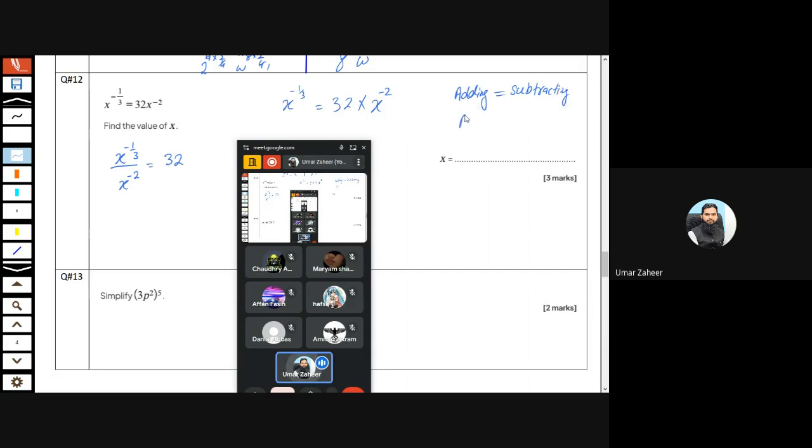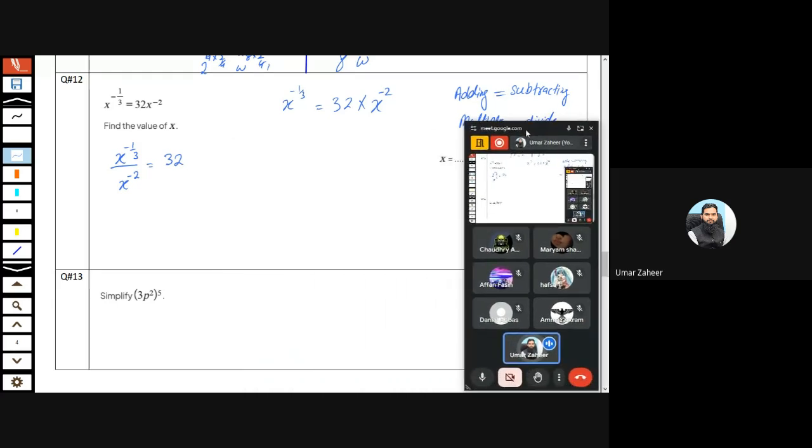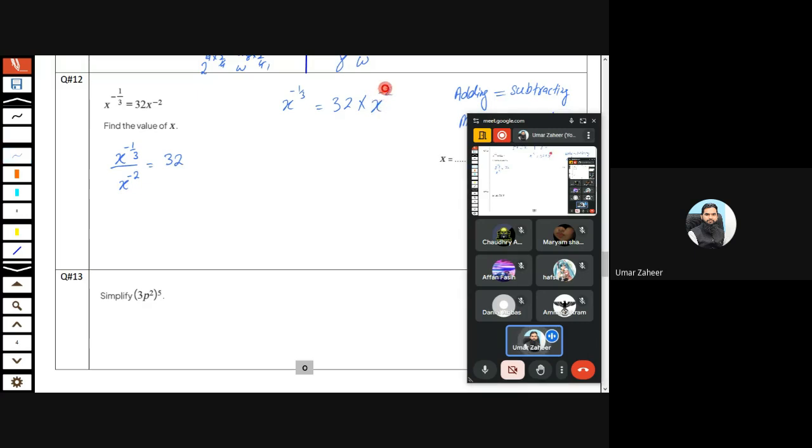In the same way, if something is multiplying on the one side of the equation with the whole term, so on the other side it is going to be divide. If something is dividing, so on the other side it is going to be multiply. So x to the minus 2 is multiplying with 32. So on the other side, it is going to be divided with the term x to the minus 1 by 3. Clear? Simply, I just take it on the other side.